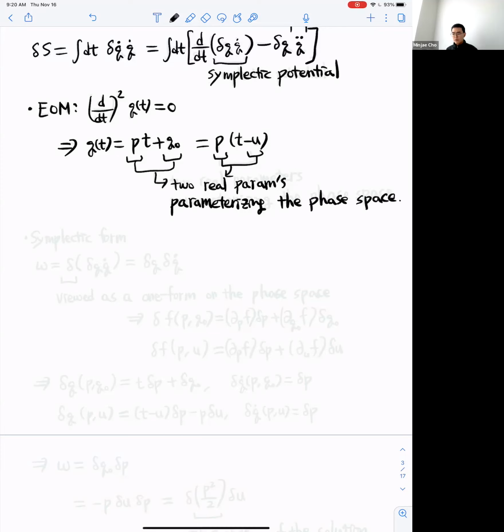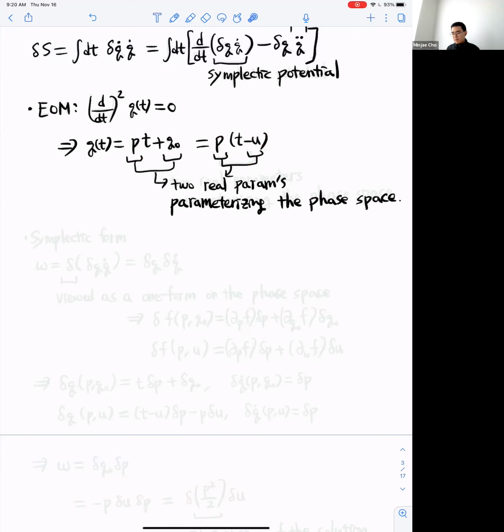Again, phase space is the space of solutions. And here, what we are seeing is that we can explicitly parameterize such a space using two real parameters. Either you use P and Q naught, or P and U, or any other parameterization you want.